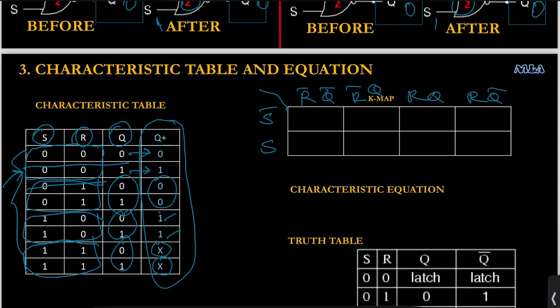So the columns are labeled with the variables R and Q. This K-map we are going to simplify for finding the expression for the output Q plus. Fine. We will number the cells of the K-map with the gray code.